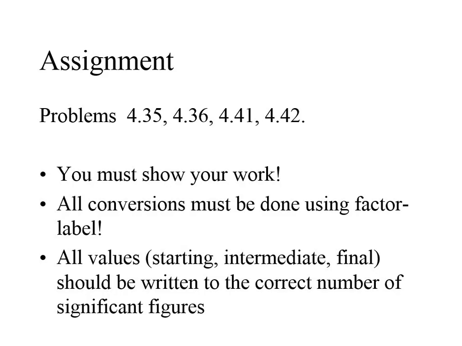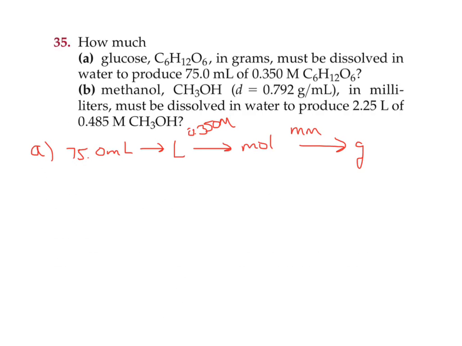Okay, so we'll take a real quick look. These are what I gave to the students last year. For 35A, basically they give you the molarity of the glucose, and they give you the volume, and they want to know what mass needs to be dissolved.